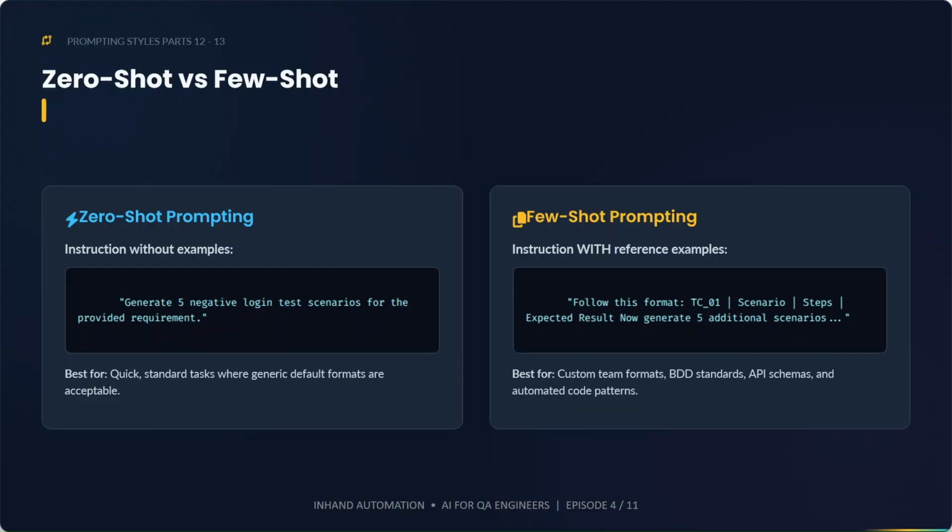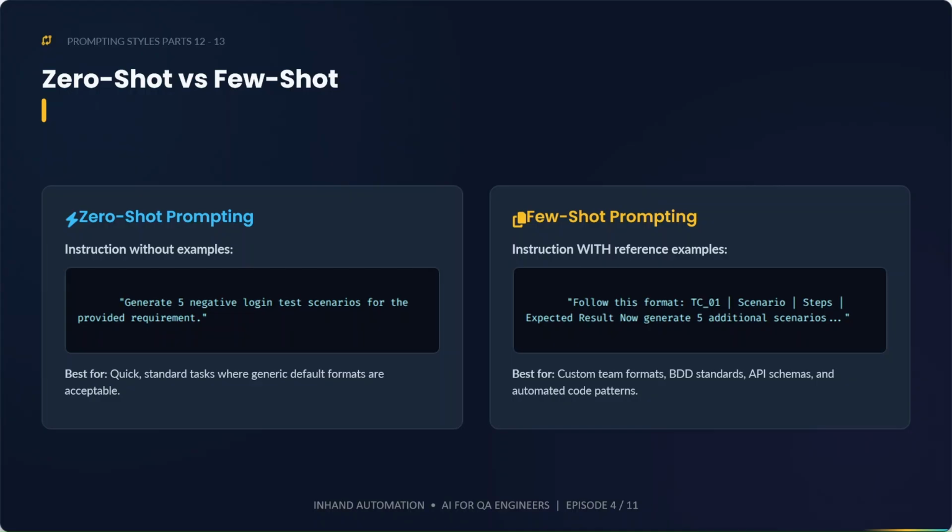So here Rahul has provided one example, and this is called few shot prompting. Examples can be extremely useful when you want AI to follow your team's format, some naming convention, some BDD style format, bug report style, API assertion structure.